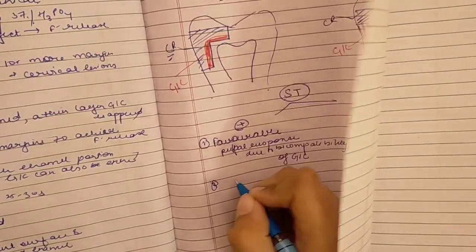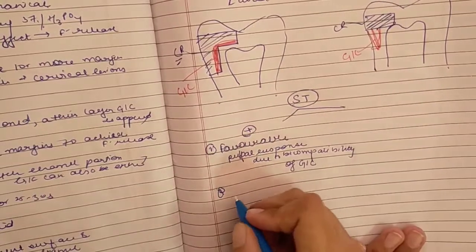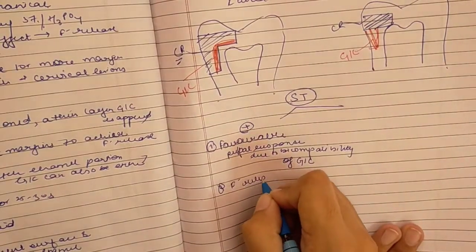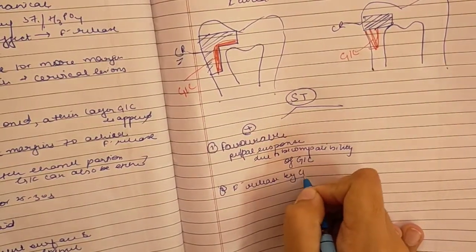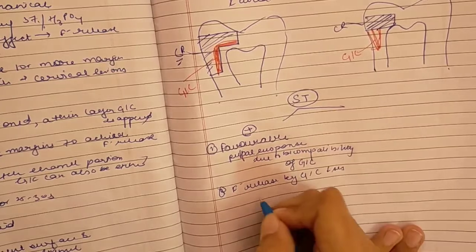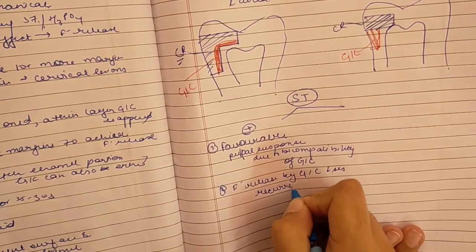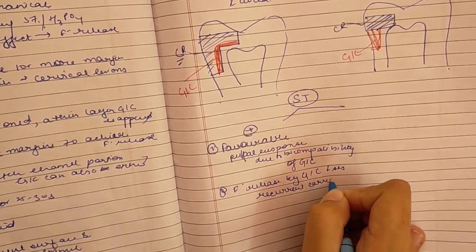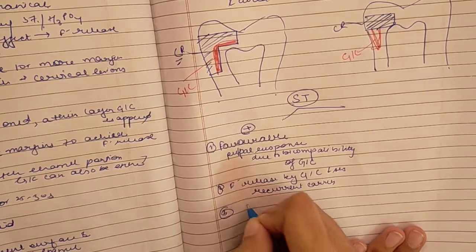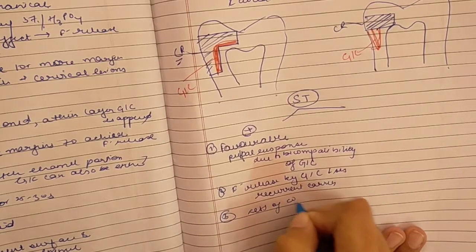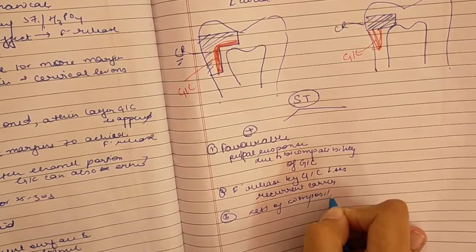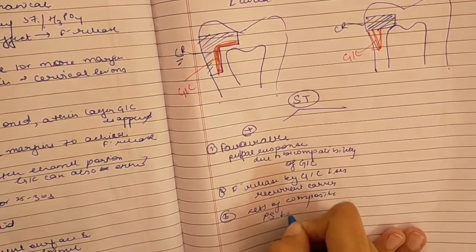Second is the fluoride release by GIC, which decreases recurrent caries. Less of composite, so the polymerization shrinkage will decrease.